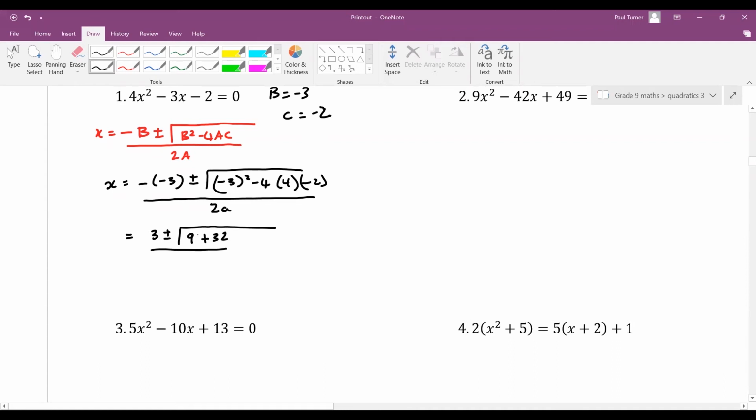So that's going to be 8. Like that. So you'll end up with 3 plus or minus root 41 on 8, which is 1.18, minus 0.43, like that. So that's your solution.